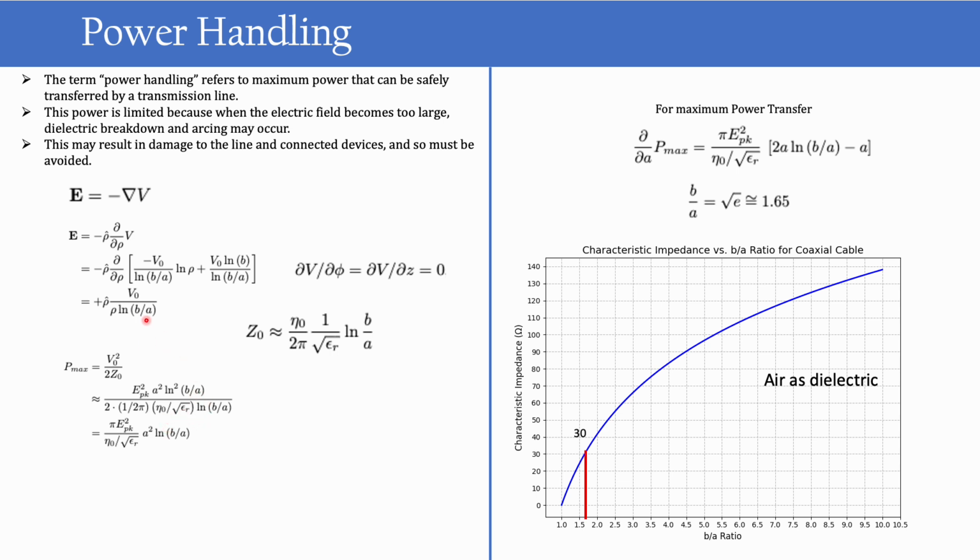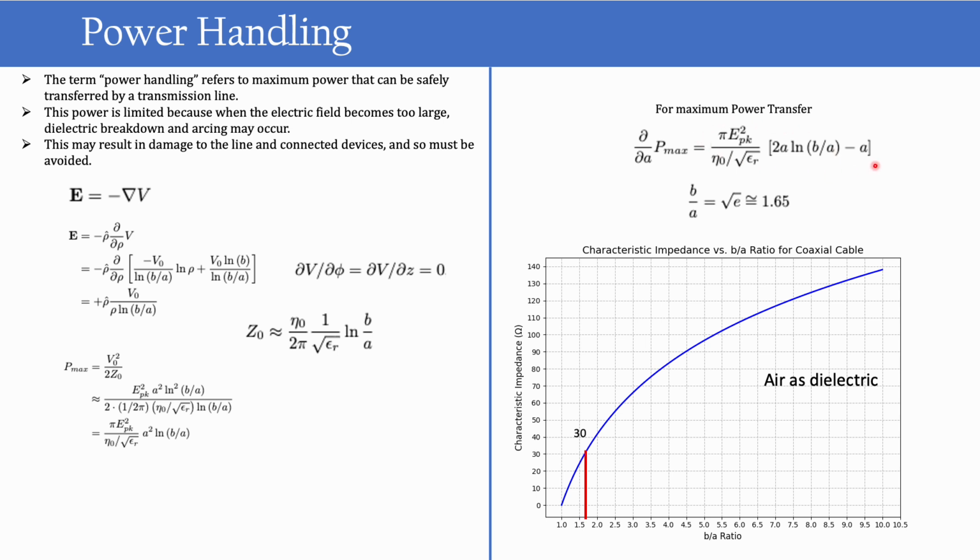So our aim is to find the b/a parameter for the maximum power transfer. For that, we have to consider that the first derivative with respect to a should be 0. So we take the first derivative and make it equal to 0.